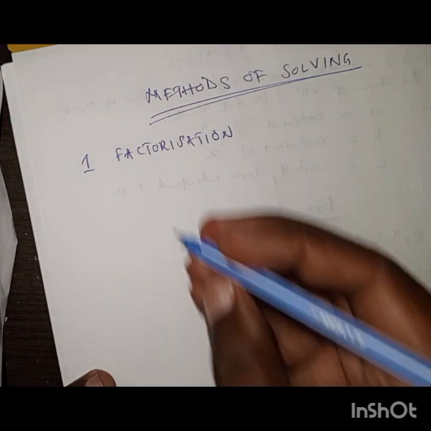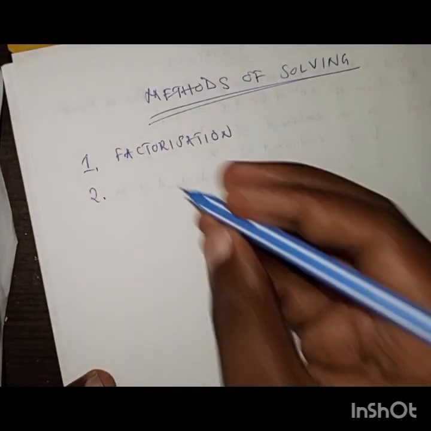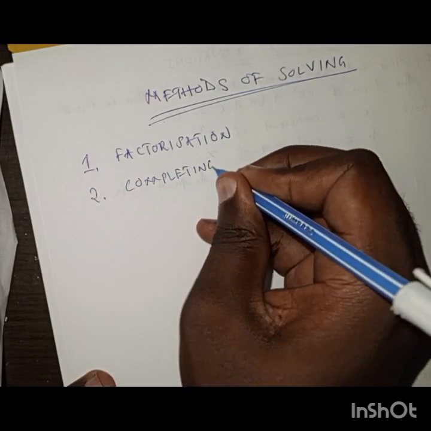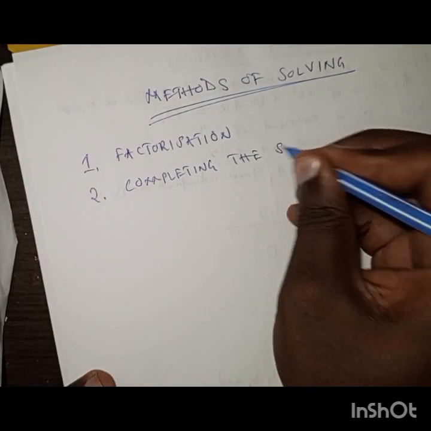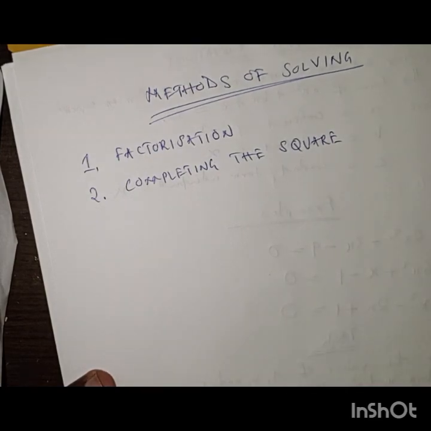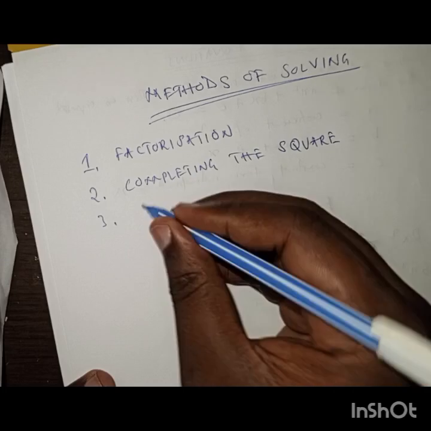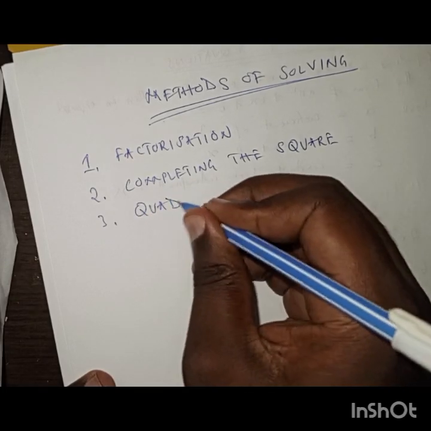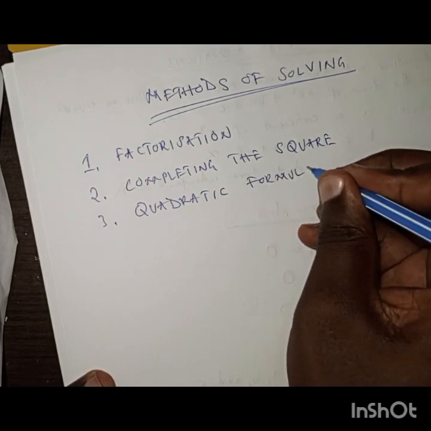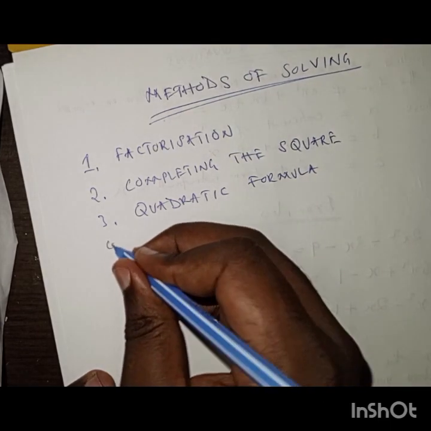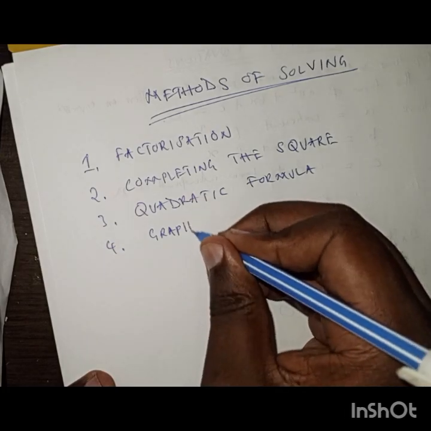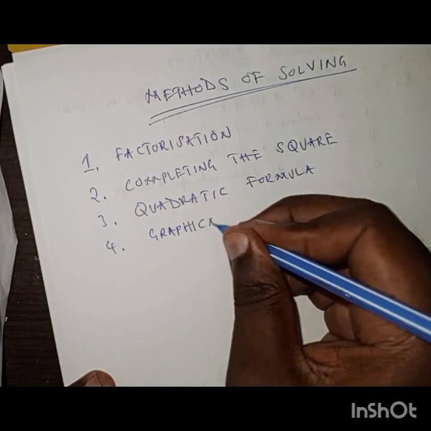Okay, then second one we'll look at completing the square method. Then the third one, we are going to do quadratic formula. Then the last one is a graphical method.